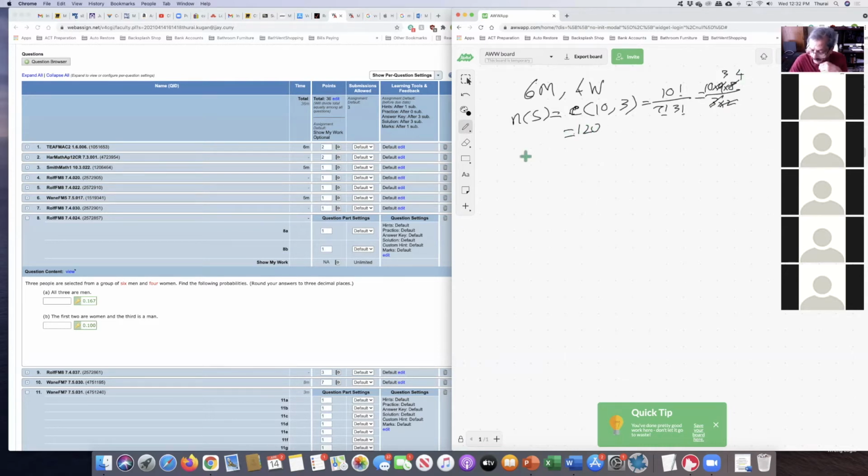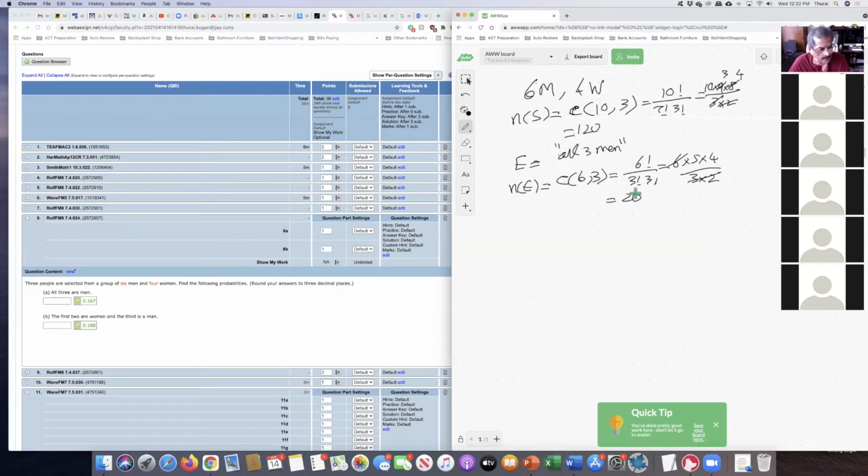Going over to the event. The event in the first case, part A, is all 3 men. That means all of them have to come out of the men. So the number of elements in this event is combination 6 comma 3. That will be 6 times 5 times 4 over 3 times 2. 3 times 2 is 6, so 20.